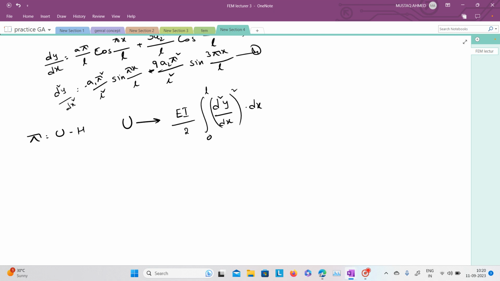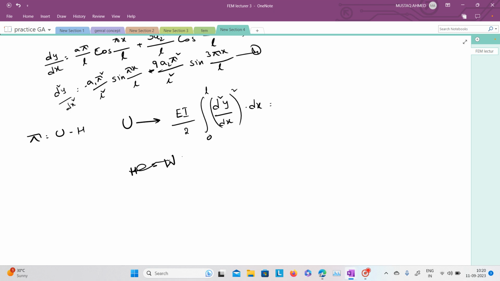Same part, we need to differentiate everything. Then H equals W times y. After solving this equation, what do you think we will get?